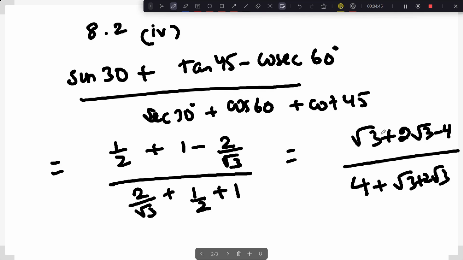That's what we've got here. Root 3 plus 2 root 3 minus 4, which is 3 root 3 minus 4. 4 plus 3 root 3, written like this.